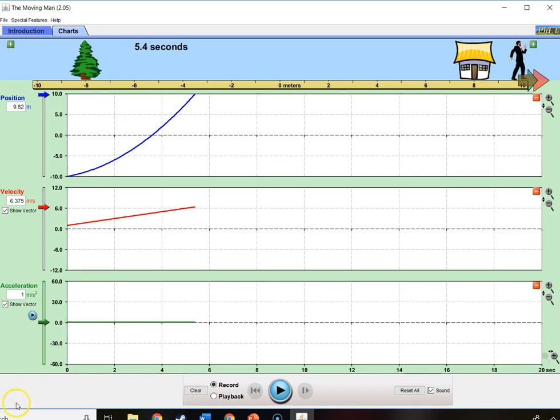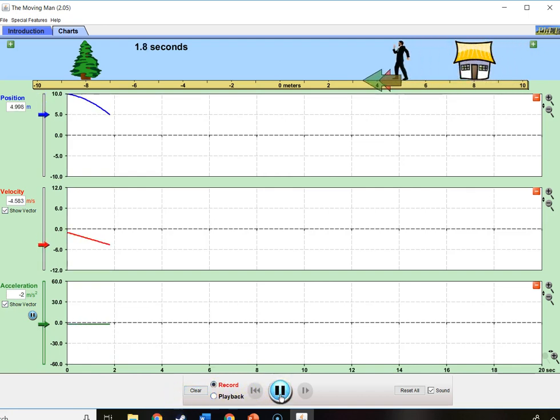Final example here, we're going to start positive. Our velocity is going to be negative, and our acceleration is also going to be negative. Watch what happens. Our position versus time graph gets steeper but more negative.